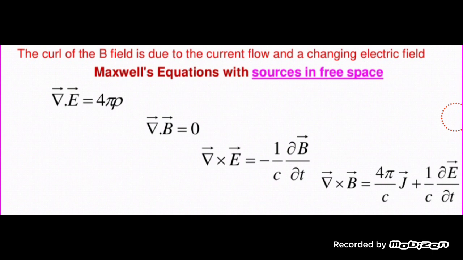Divergence of B is always equal to 0. Curl of E is equal to minus 1 by C of del over del T of B. Curl of B is equal to 4 pi upon C of J plus 1 by C del E over del T. Here both the terms are denoted as J plus JD.